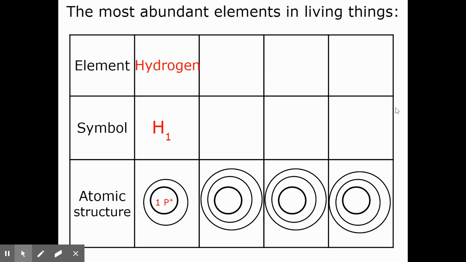The little dark line in the middle surrounding the 1 P plus is the nucleus, and the bigger line around it is the first shell of electrons. The reason we only have 1 shell is because if there's only 1 proton, there's only one electron. They have to balance. And since there's 1 electron, it just sits in that first shell. Remember, that first shell can hold 2, so it's okay.